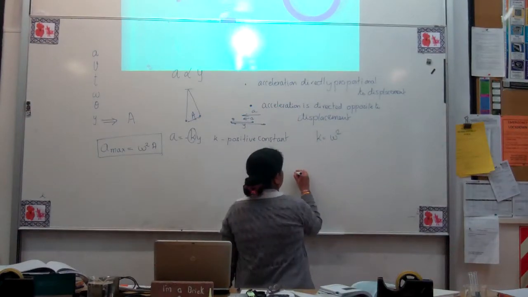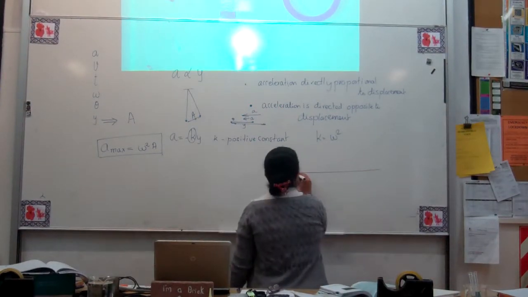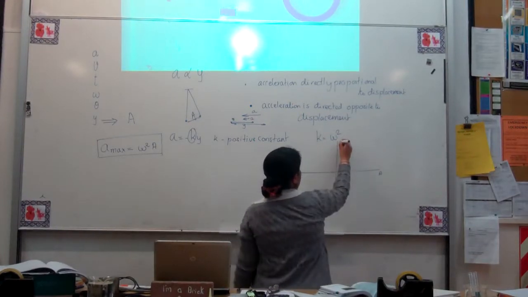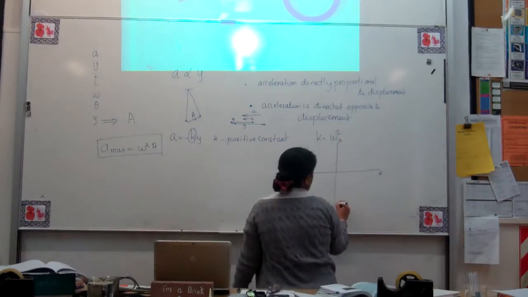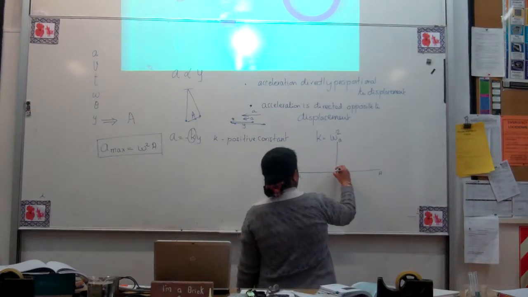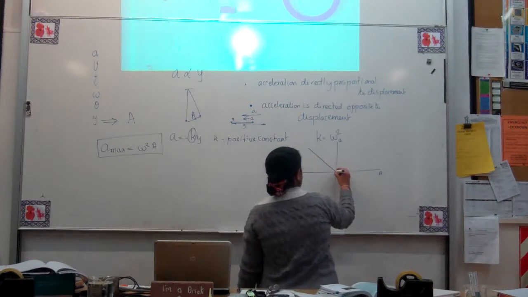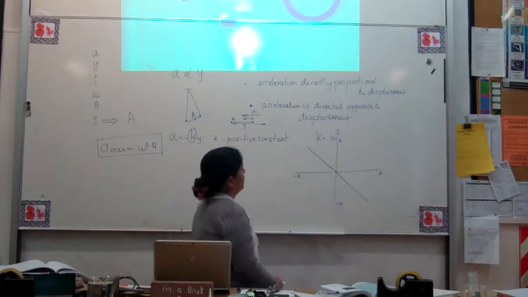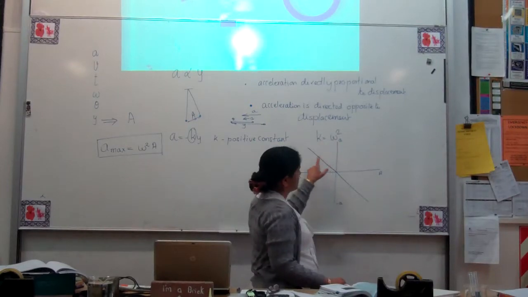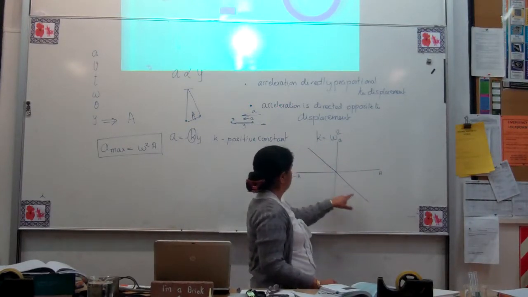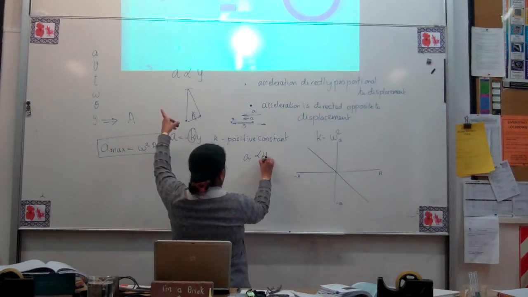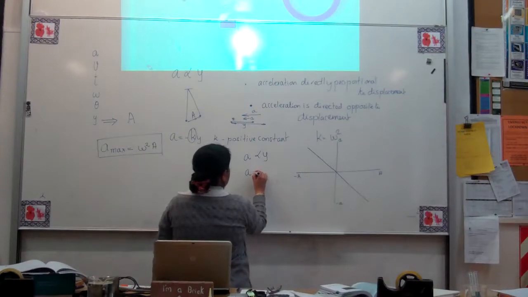Graph of negative amplitude, positive amplitude, and on this side you have acceleration, negative acceleration. It's a straight line graph which shows acceleration is directly proportional to displacement, which is what I started with, but what does it become equal to?